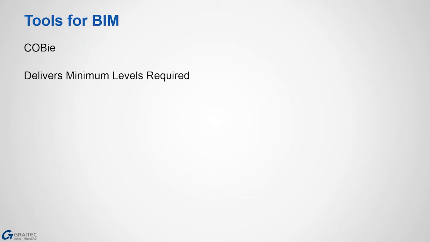The COBie system intends to replace basically a pile of drawings and PDFs that a building owner is given with a set of real current data that can be transferred to their asset and facilities management system. This will provide levels of data that are more than just a record of the building, but data that can be used for business case studies, how spaces are used, and what the carbon footprint effects are going to be with various changes that you may make during the life cycle of a building.